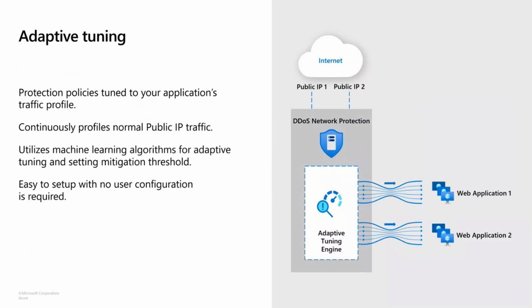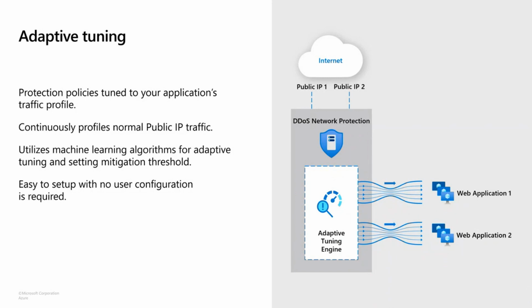I have more slides that go into details, so I may skip because I'm also doing a demo, which will cover a lot of it. But when we say adaptive tuning, we have public IPs we know we are protecting. And then what DDoS network protection does is monitor the traffic. It tunes the DDoS to this traffic and knows exactly what kind of traffic that Azure Firewall IP sees, how much throughput it sees on a daily basis, and then creates policies accordingly.